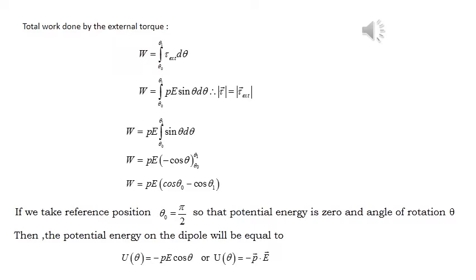And theta 1 is taken as the total angle theta. So the potential energy in rotating the dipole by some angle theta by an external torque is equal to minus PE cos theta, or in vector form minus P vector dot E vector. The expansion of P vector dot E vector is PE cos theta.